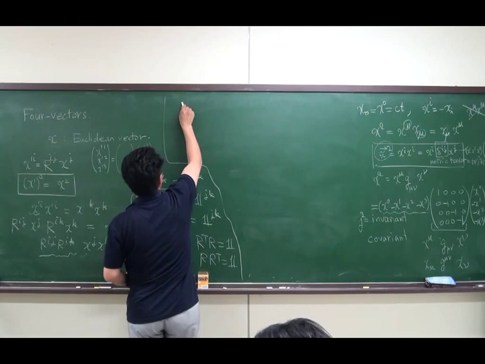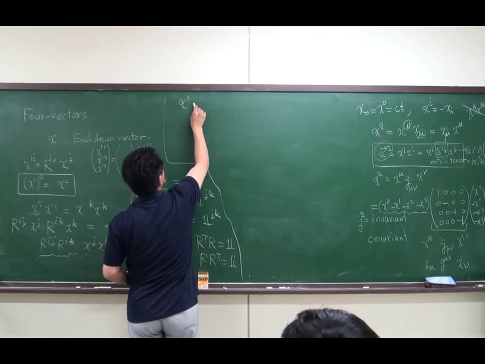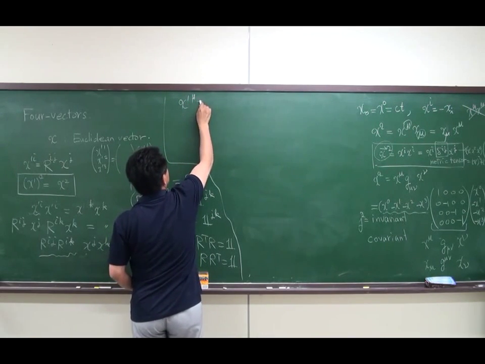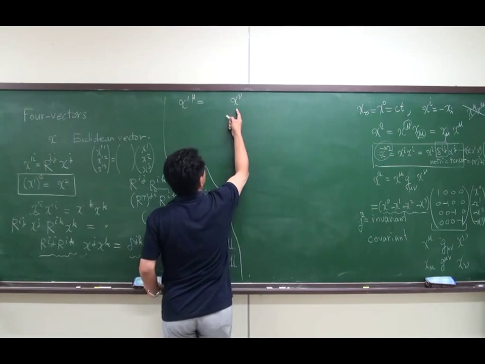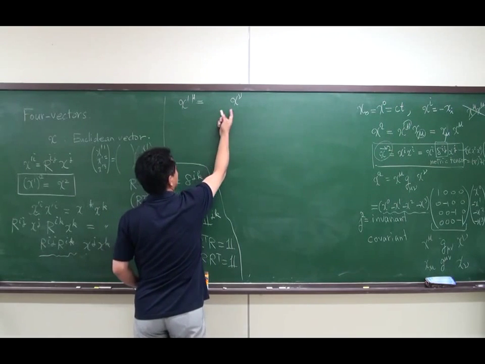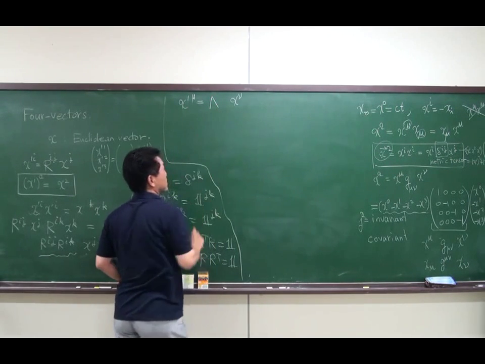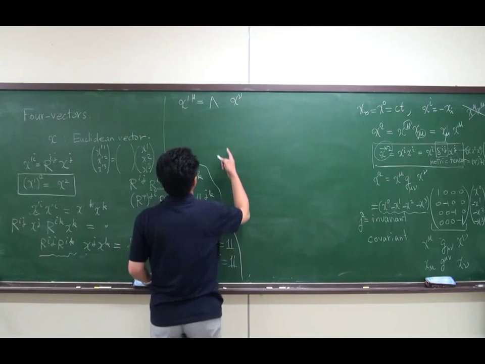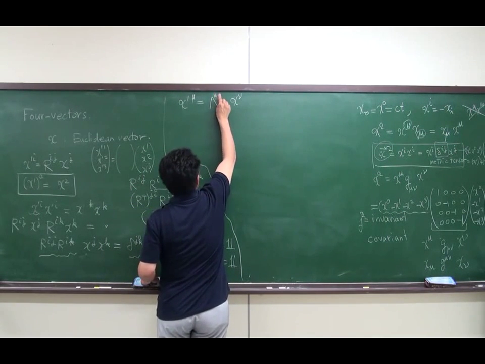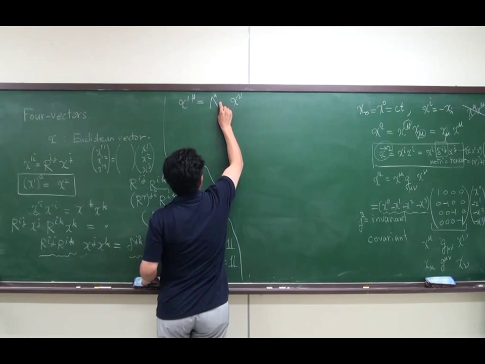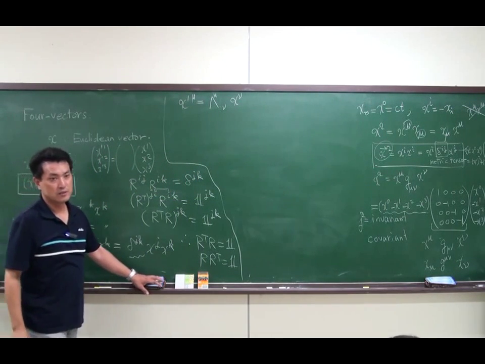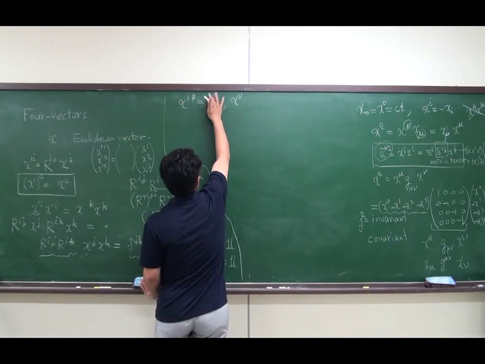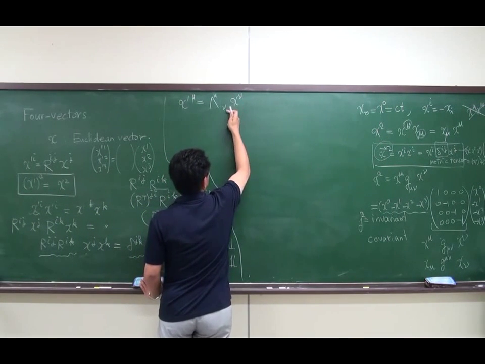Our 4-vector x prime mu is in one frame, another frame, connected by a Lorentz transformation matrix, Lambda mu nu. This is a matrix, so these two indices must be the same.